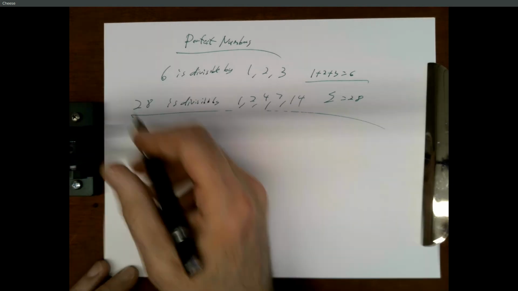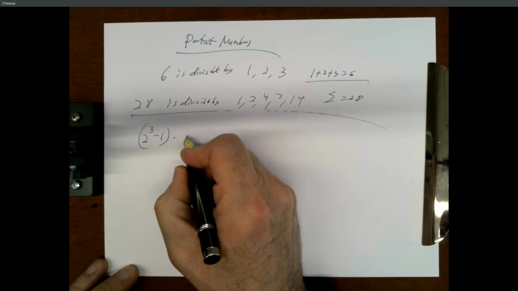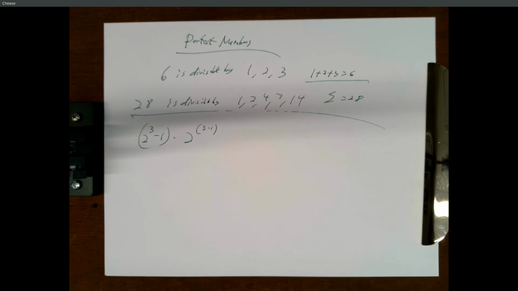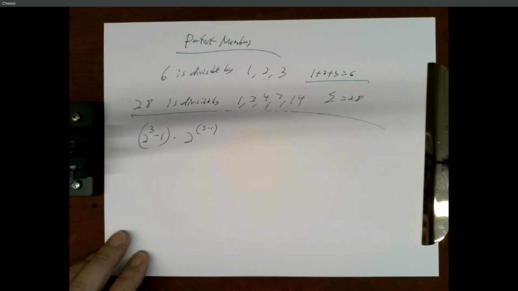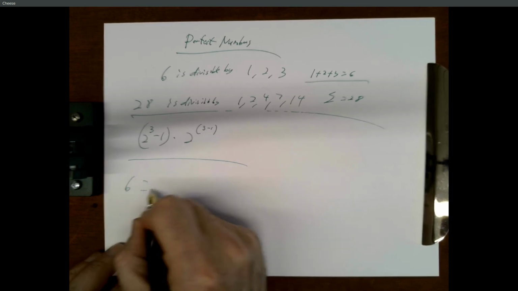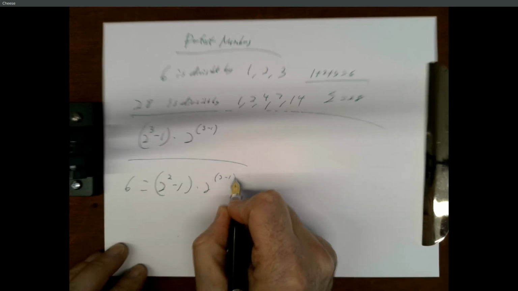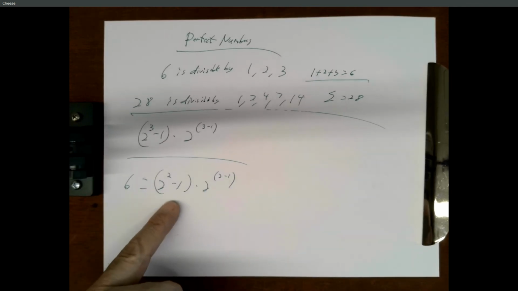And it turns out 28 is 2 to the third minus 1 times 2 to the 2. This is a Mersenne prime. This gives you a perfect number. 6 is equal to 2 to the 2 minus 1 times 2 to the power 1, 3 times 2, and that's a Mersenne prime.